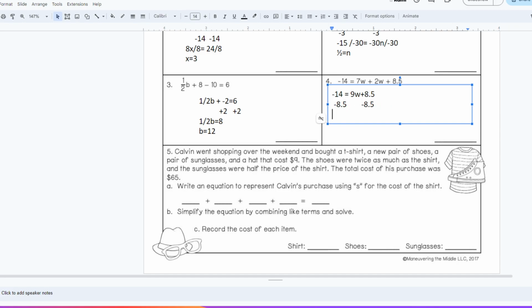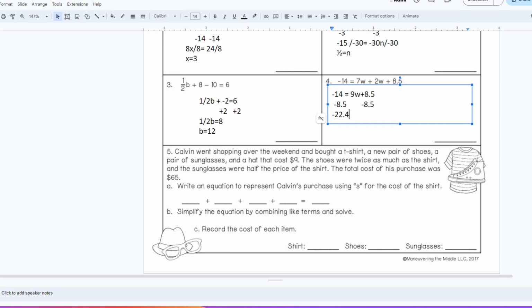There we go. And now that we have that, 14 minus 8.5 is negative 22.5. Wait. Minus, okay.